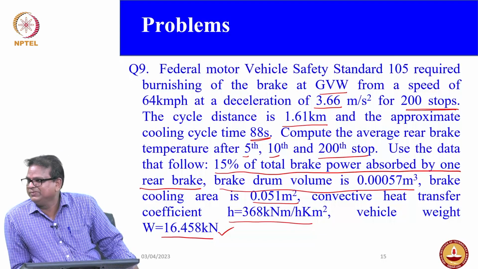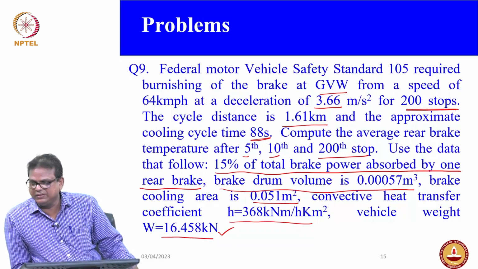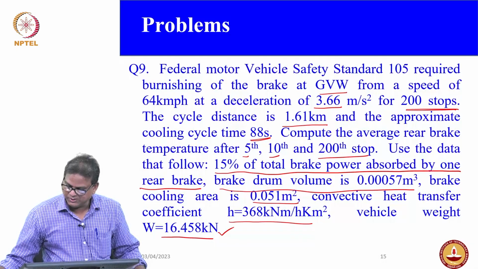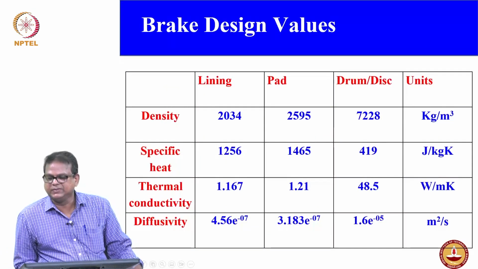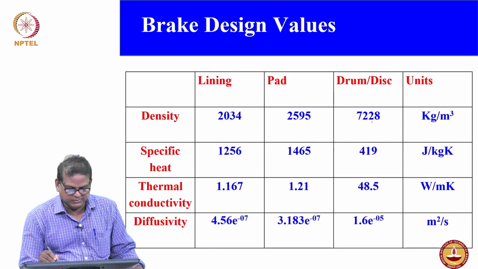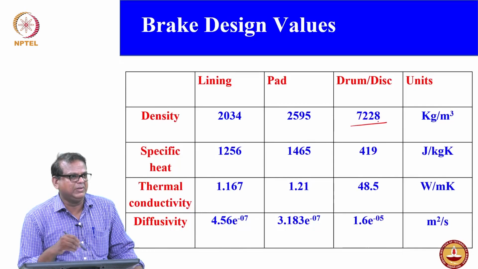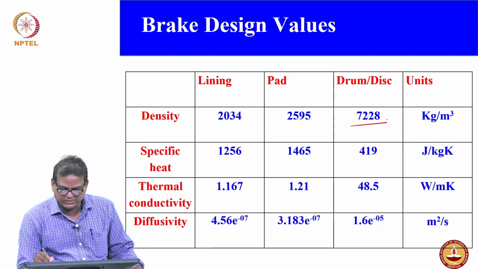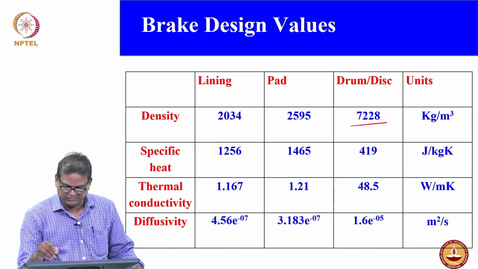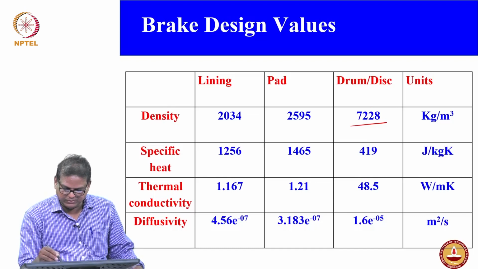Your density rho r, specific heat capacity CR and thermal conductivity KR are missing. You should take those values from this table, so please write them down. You need density, specific heat capacity C, thermal conductivity K and thermal diffusivity, depending on the equation we are going to use.